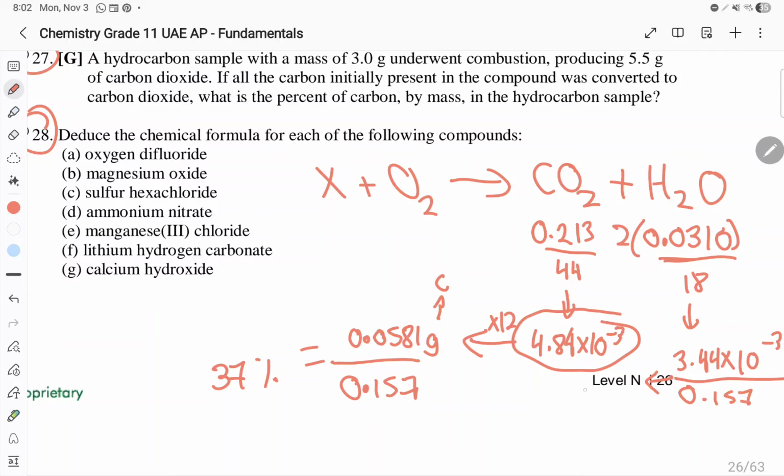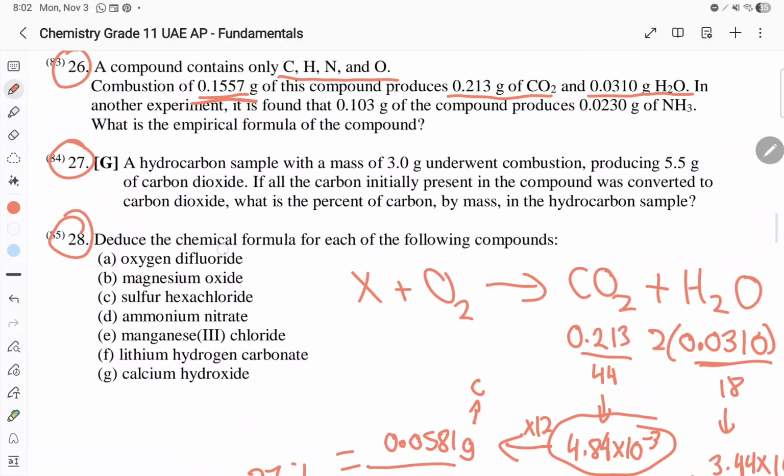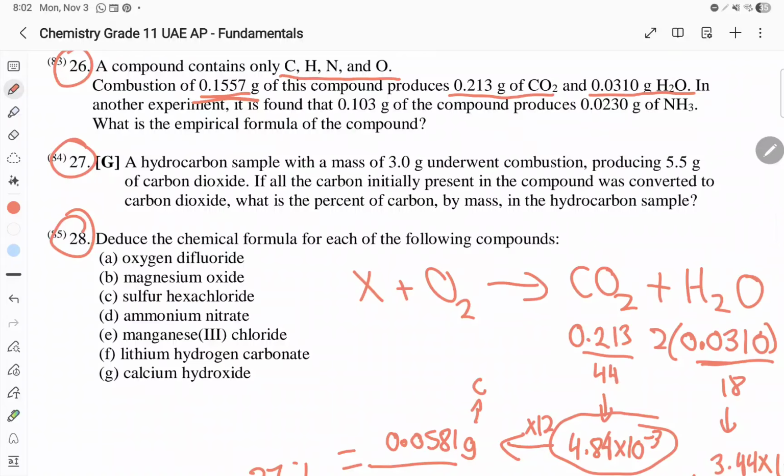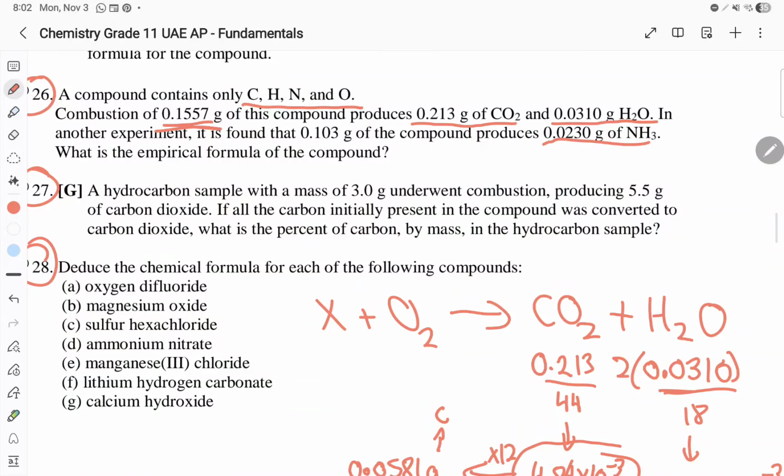Then they gave you that you reacted it again with NH3, this much of NH3. So you're going to do the same exact thing. So you have NH3, you're going to do 0.0230 divided by 17, which is the molar mass of NH3. You're going to get 1.35 times 10 to the power negative 3 moles.